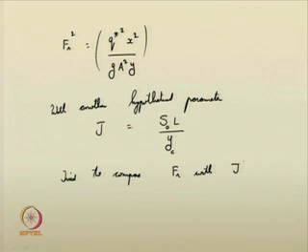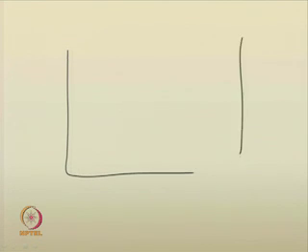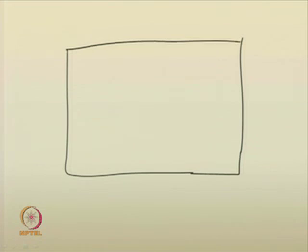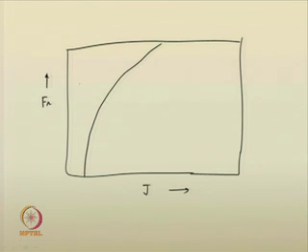He came up with an amazing profile. Although we have not plotted these things to scale, we are just trying to introduce the concept. With Froude number on the y axis and the hypothetical parameter J on the x axis, they identified that there are 4 main regions of flow. This is a particular region, region A. Here they have suggested that J is equal to 2, and from that point onwards this is suggested.